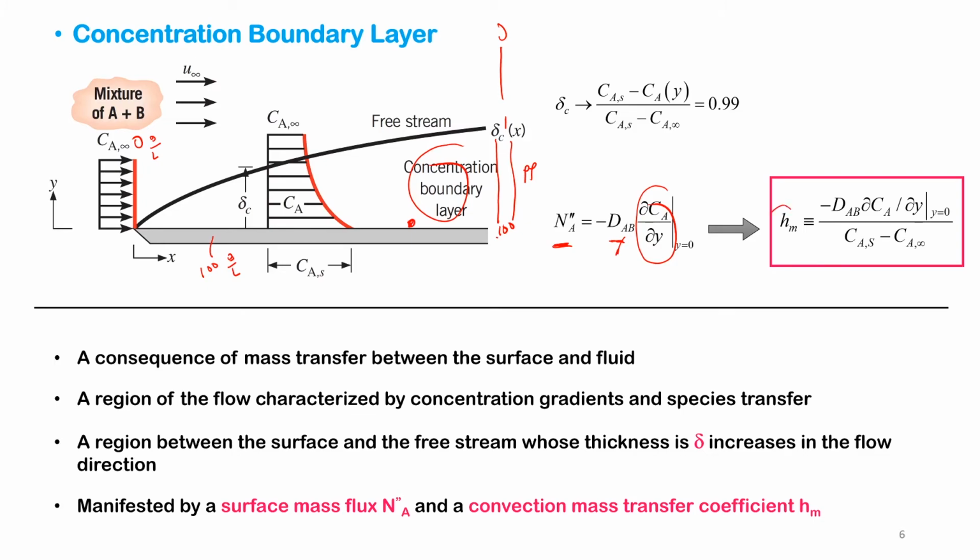So you can also define a convective mass transfer coefficient as the ratio of N_A double prime over delta C, the concentration difference. You'll be dealing with this in the mass transfer class. I know some of you are taking this class in parallel. So I'm not going to go too much into details, but I'm just going to highlight the similarities between mass transfer and heat transfer.